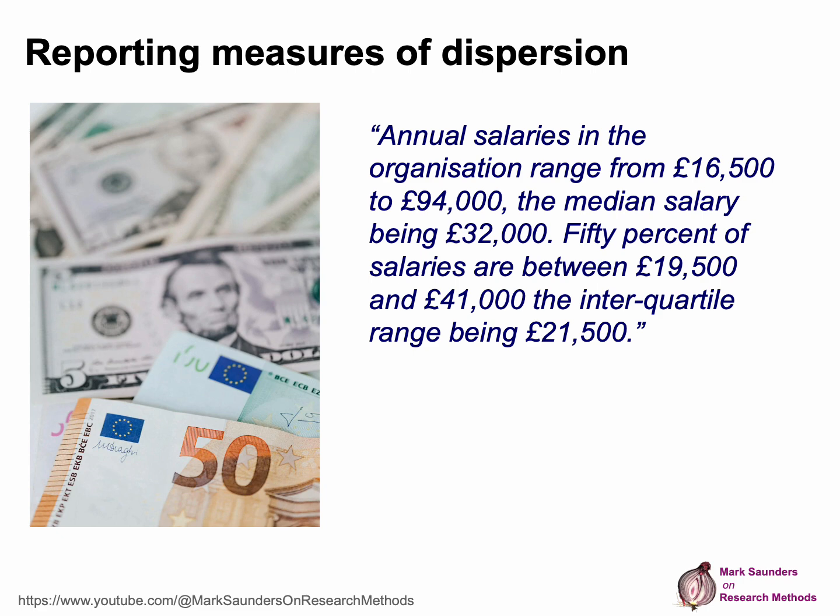So here we're saying what the lowest salary is and the highest salary and what the midpoint is. We then would say 50% of salaries are between £19,500, that's actually our lower quartile, and £41,000, that's our upper quartile. The interquartile range being £21,500.